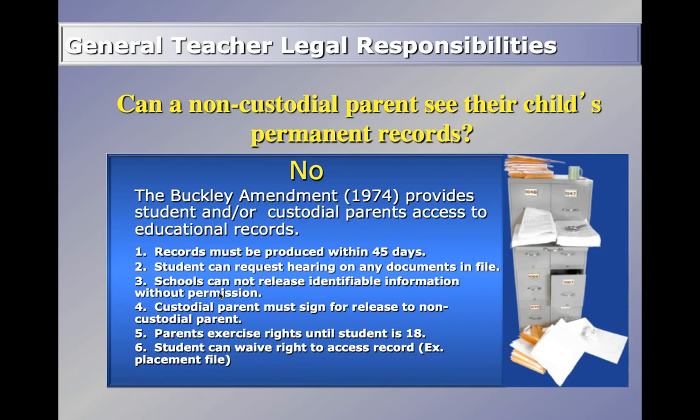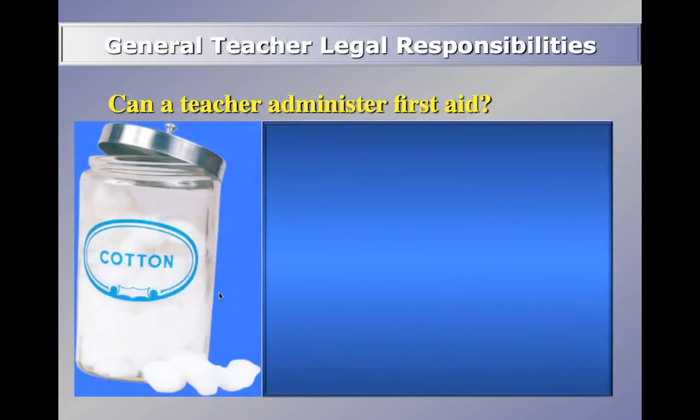And in fact, when you want me to write a recommendation for you to put in your placement file, you will waive that right of access to the record when you apply for that school district. They have a little form for you to sign. So the Buckley Amendment is a big one for privacy of information.